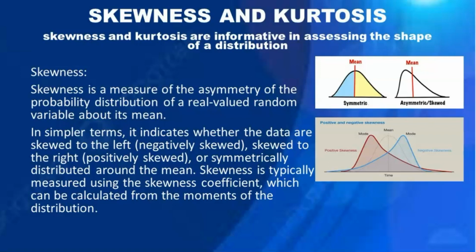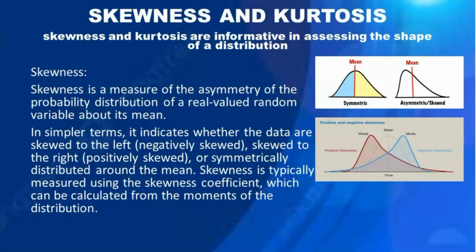Skewness is a measure of asymmetry of the probability distribution of a real-valued random variable about its mean. In simpler terms, it indicates whether the data are skewed to the left, which is called negatively skewed, skewed to the right, which is called positively skewed, or symmetrically distributed around the mean. Skewness is typically measured using a skewness coefficient, which can be calculated from the moments of the distribution.